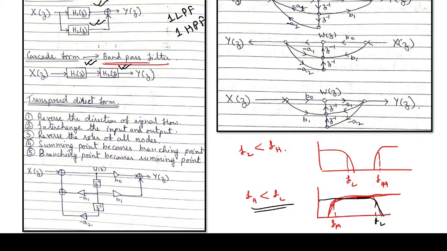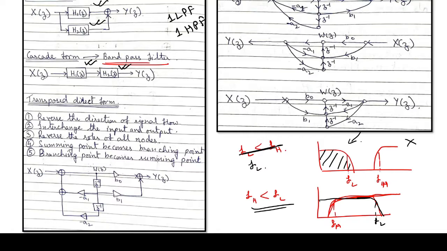Okay, now what does that mean? In the parallel form, suppose I pass the signal through the low pass filter over here. I will be getting this region, no doubt, right? But this high pass domain will be completely wiped off.